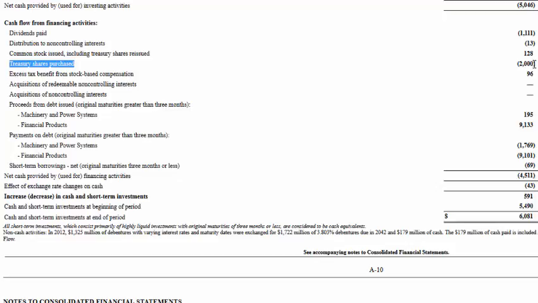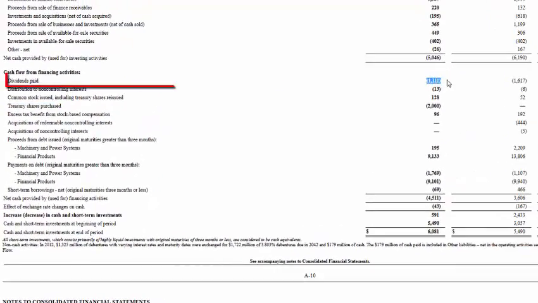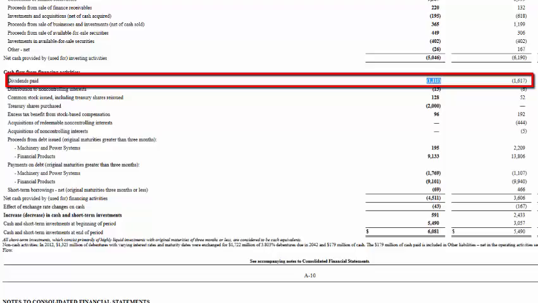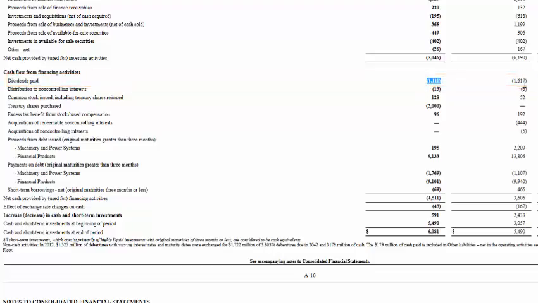It should be also pointed out, however, that the dividends that this company is paying, these are the total dividends, not per share. They paid over $1.1 billion in dividends this year, $1.6 billion the year before. And you may say, I thought they were going up every year. Yeah, they would be going up every year, except they bought back a whole bunch of shares, so they don't have to pay them any dividends.